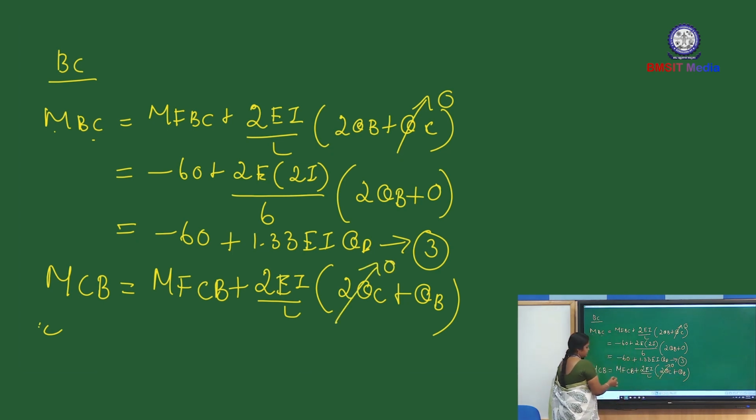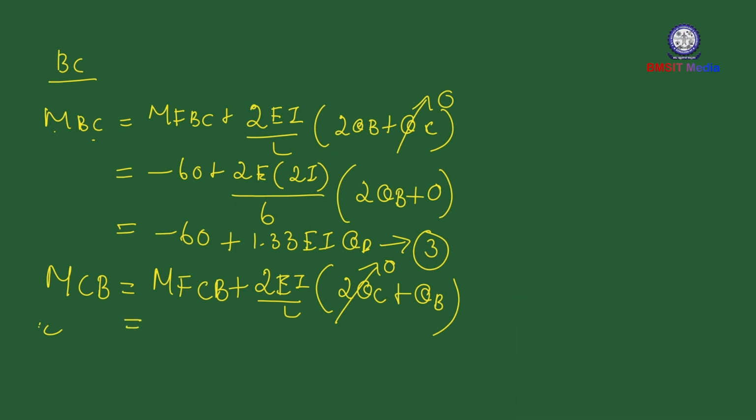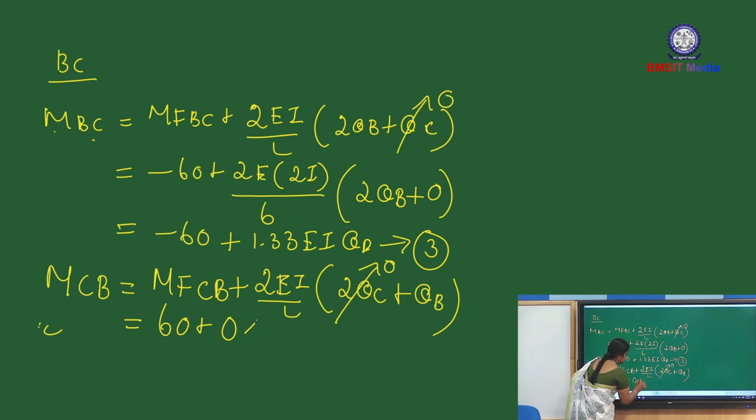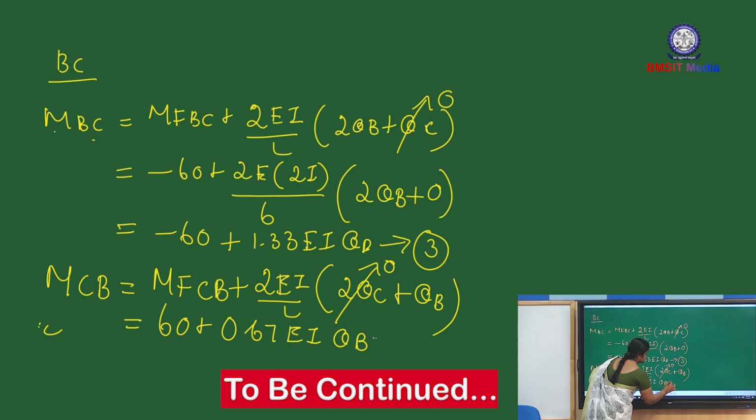If you substitute the M of CB value, length of span BC and I value, finally we get one equation, that is 60 plus 0.67 EI theta B. This is equation number 4.